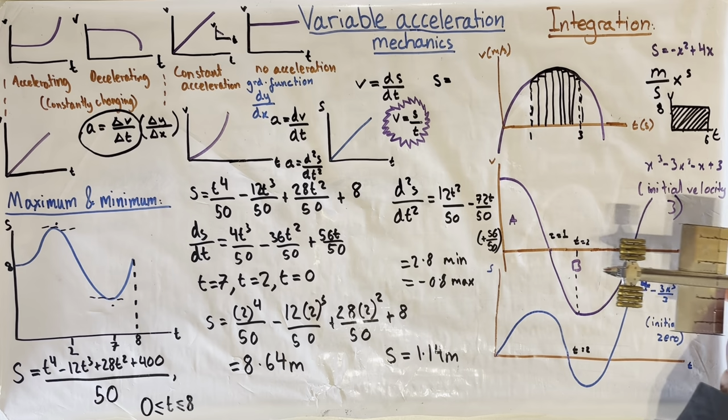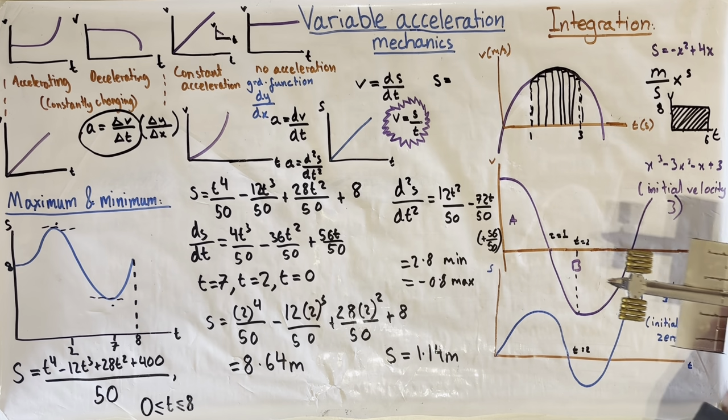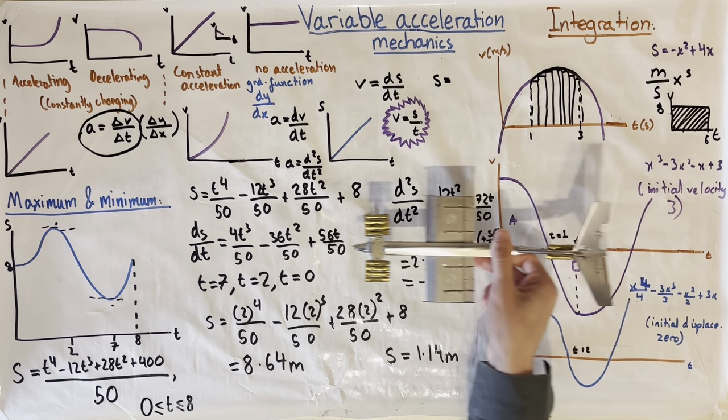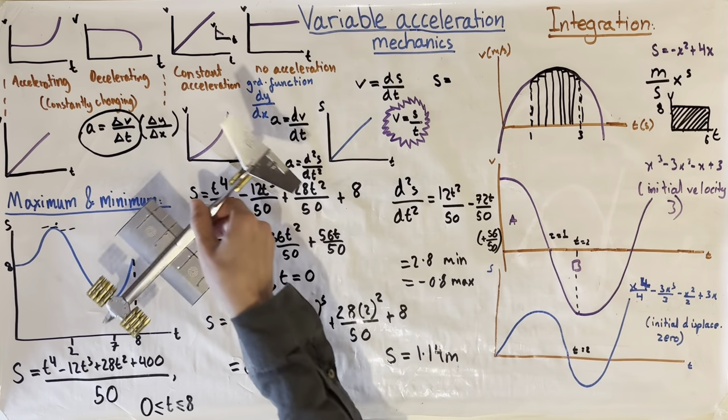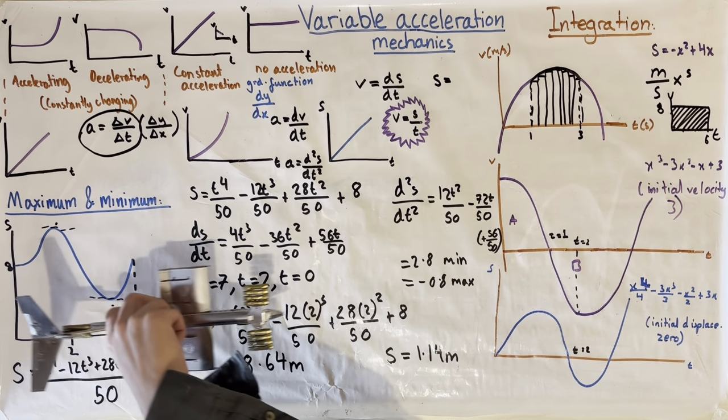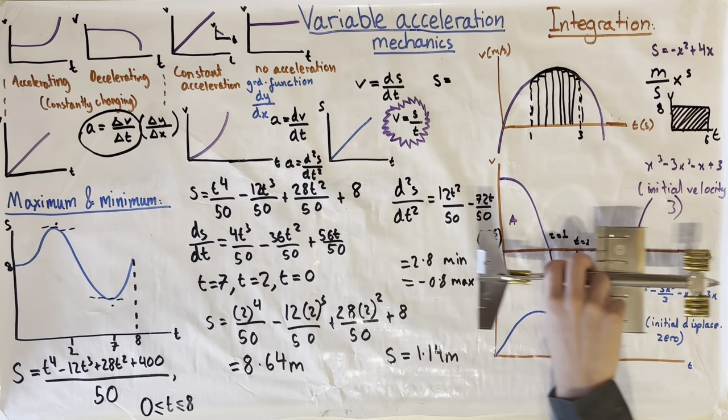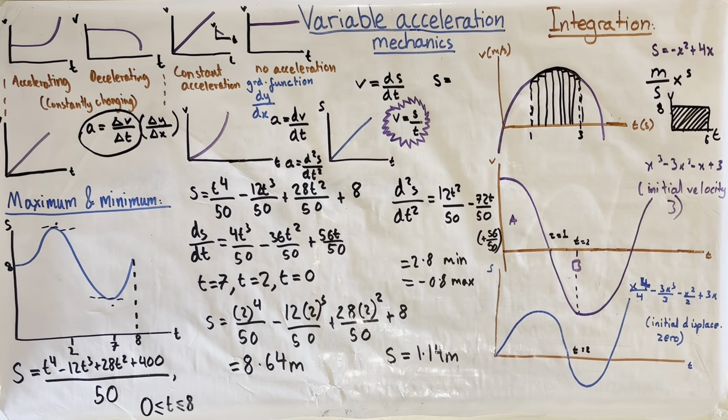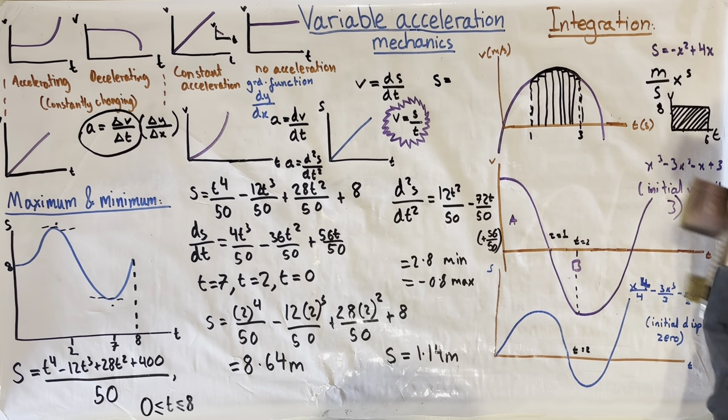According to the graph, it starts off with 3 meters per second, then it starts slowly decreasing, and then it changes direction, and then it keeps going in the opposite direction, and then it comes back a bit later on.